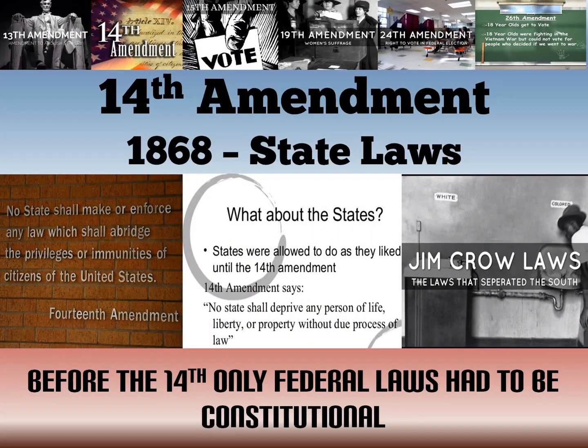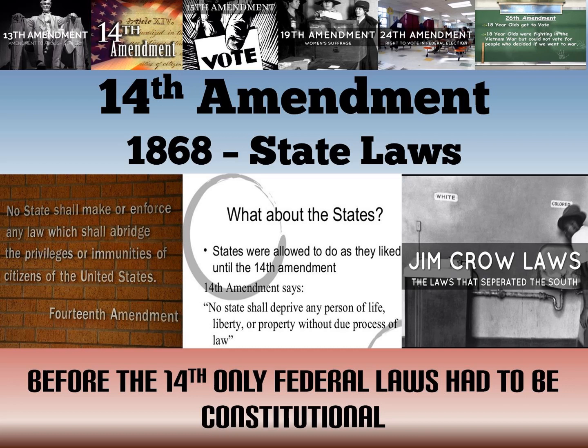The 14th Amendment in itself is very long in terms of being an amendment. And one of the parts on there where it says no state shall make or enforce any law which shall abridge the privileges or immunities of the citizens of the United States, this is super important, especially for the next couple of weeks when we get into these landmark Supreme Court cases.